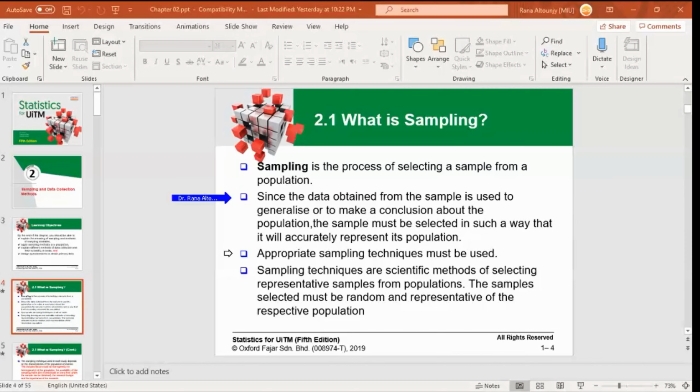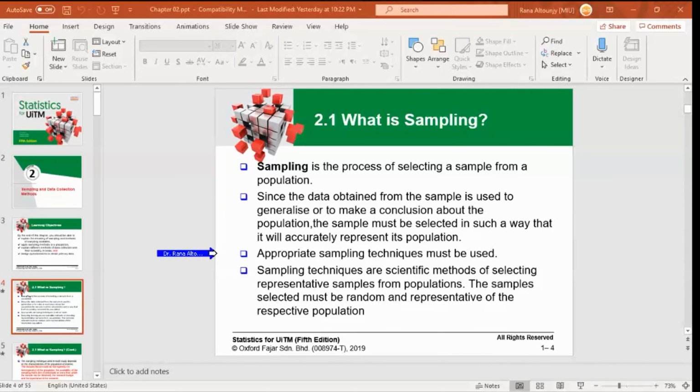But to be more clear and to be able to defend your conclusion about the population, you should be very clear what type of sampling method you are using and what is the content of your sample, to be able to defend that this sample is really representing the population.